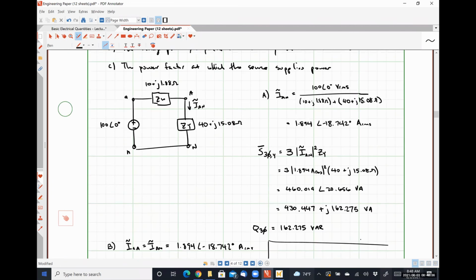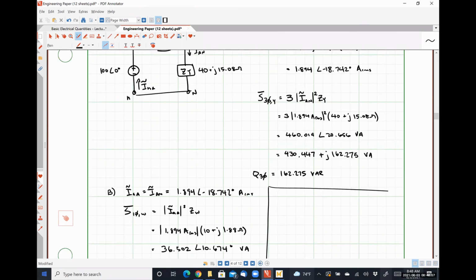So in this case, because we're wanting the power factor at which the source supplies power, the current would be this guy right here. I'm going to call this INA, which is the exact same thing as IAA and is the exact same thing as IAN that we've already determined, right?